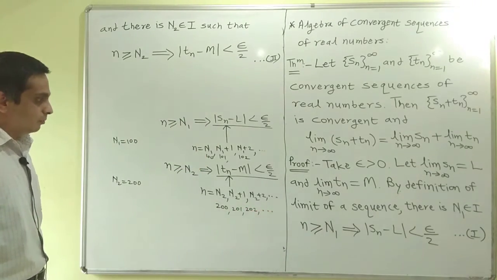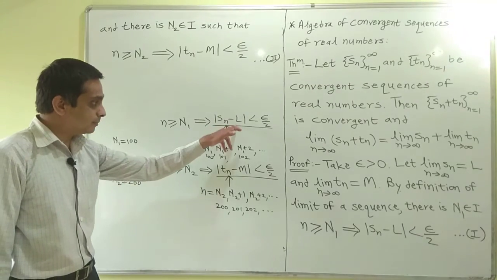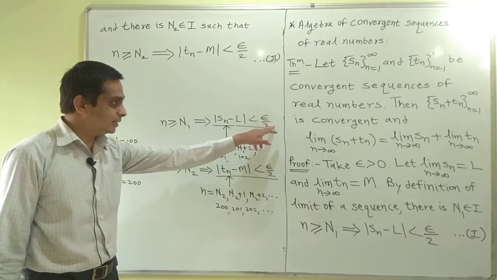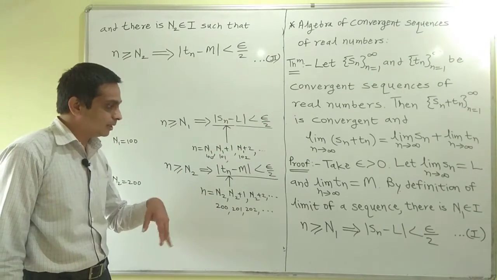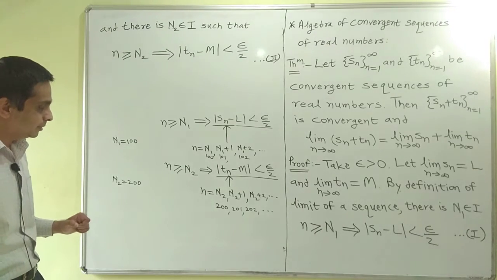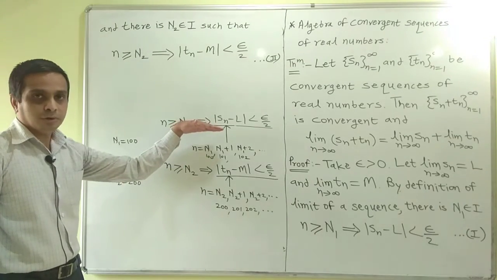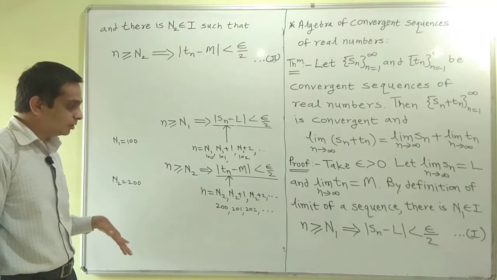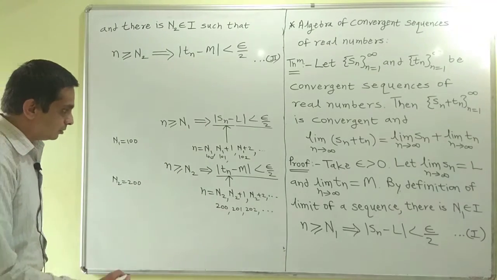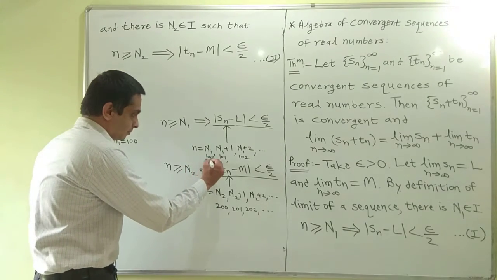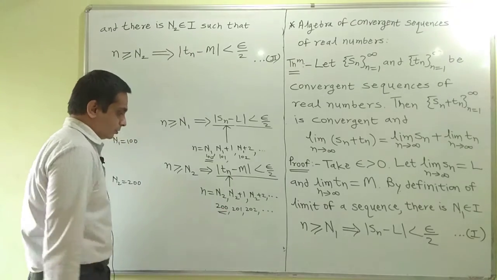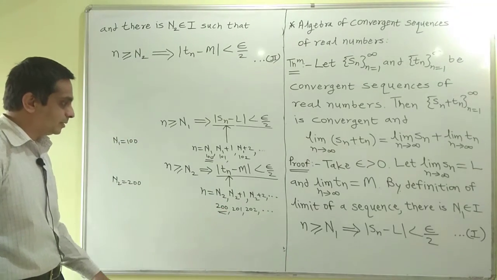What I want is that mod Sn minus L is less than epsilon by 2 and mod Tn minus m is less than epsilon by 2 both hold simultaneously. For that, I have to take the maximum or any number which is greater equal to 200. The simplest choice would be the maximum.